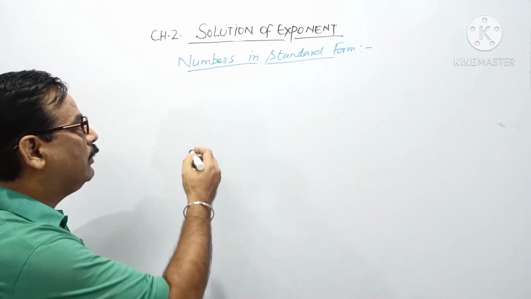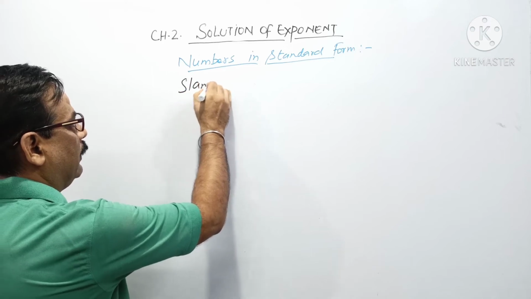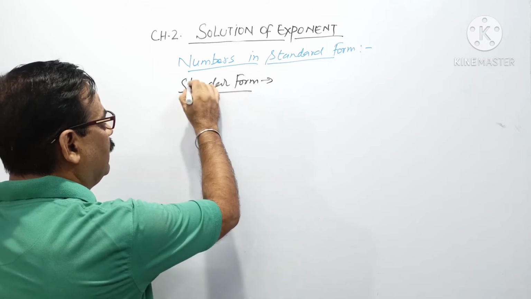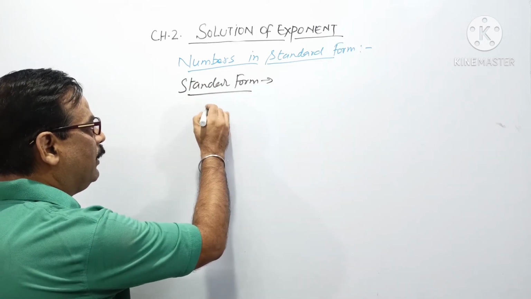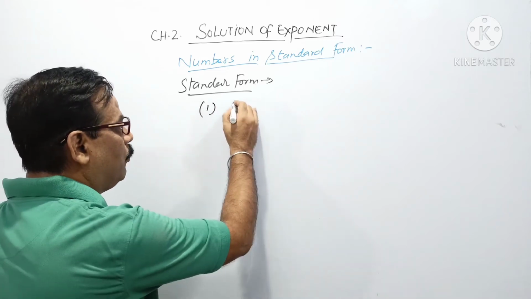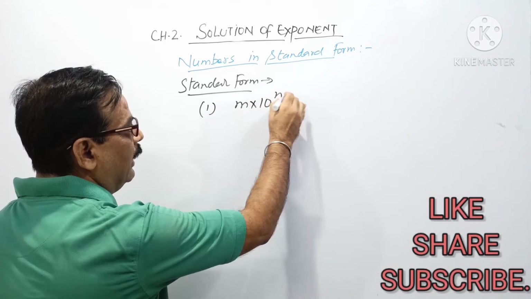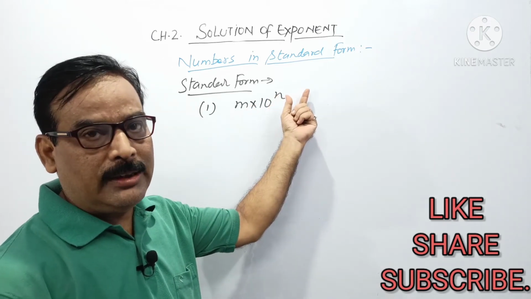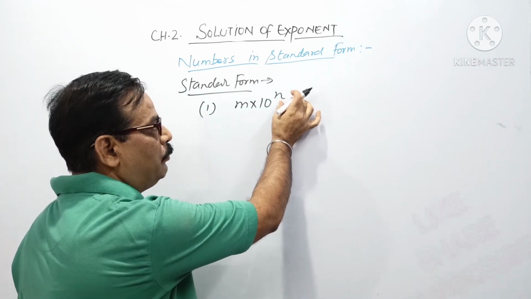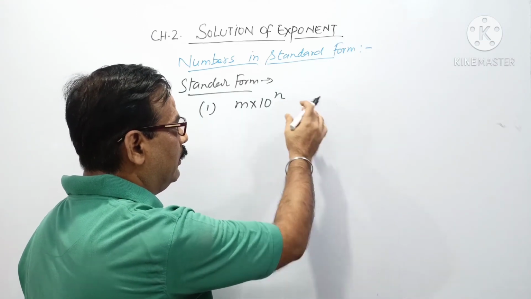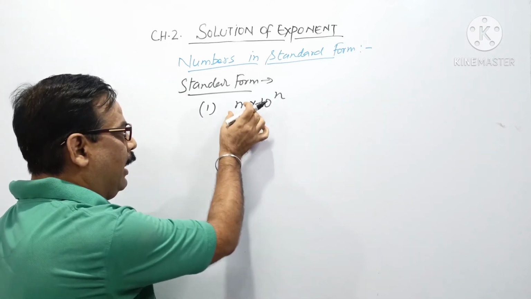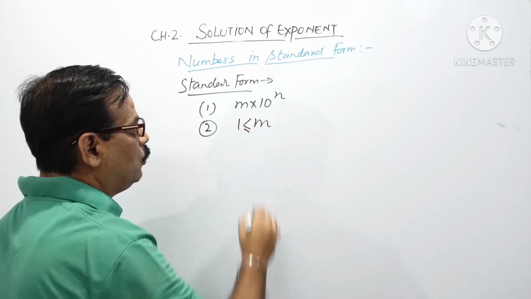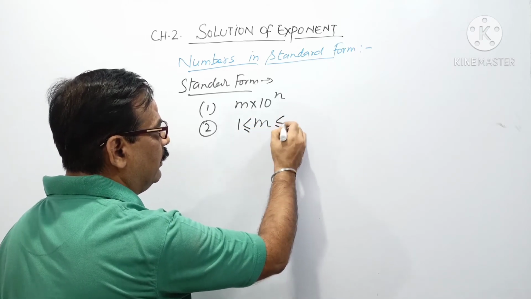Suppose we are writing a standard form here. What is required here? The first requirement is that the number should be in the form of m into 10 to power n, where m is a number and n is an integer, and n can be positive or negative, both are allowed. But what is the criterion for m? m is always greater than or equal to 1, but less than 10.